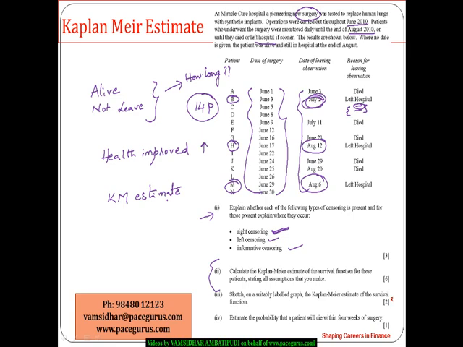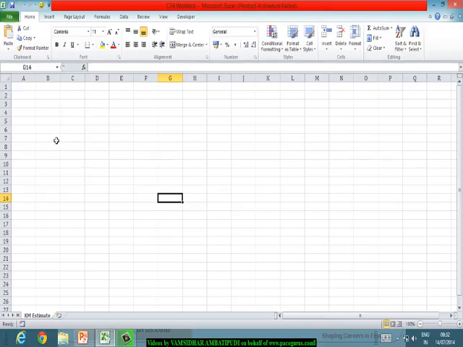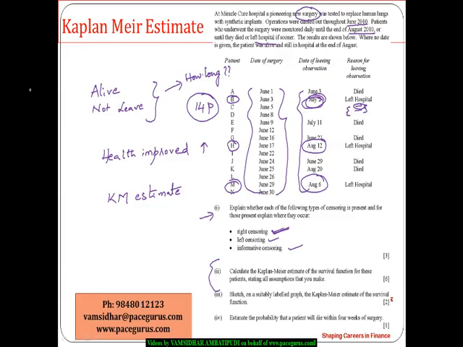All right. So I'll make a note of the various patients: A, B, C, D, E, F, G, H, I, J, K, L, M, and N. I made a note of all the patients.